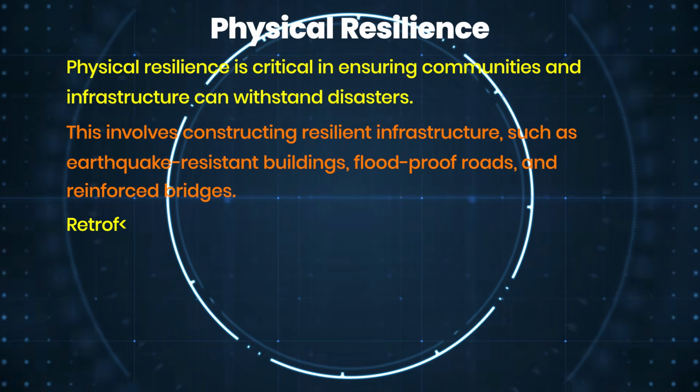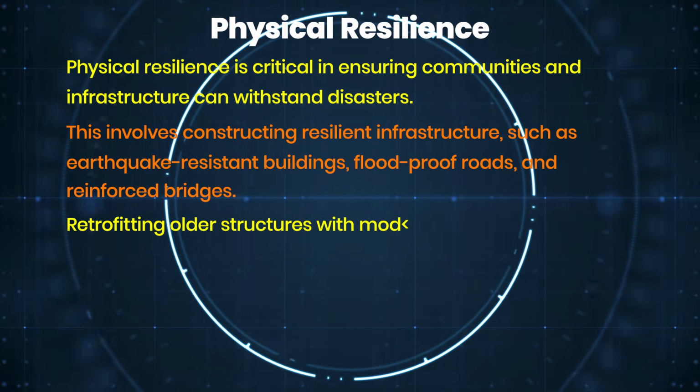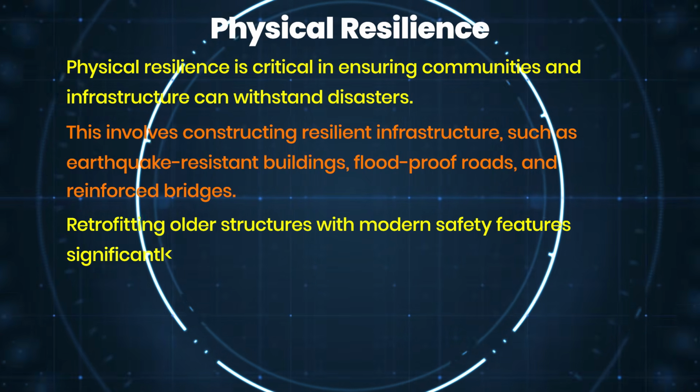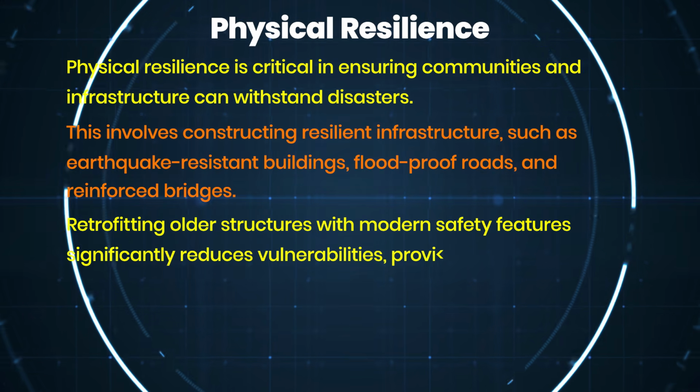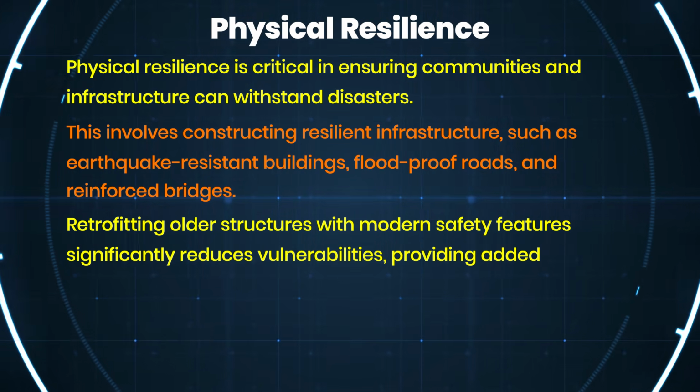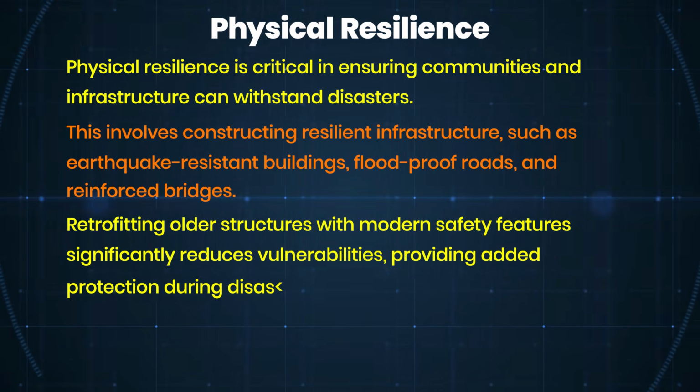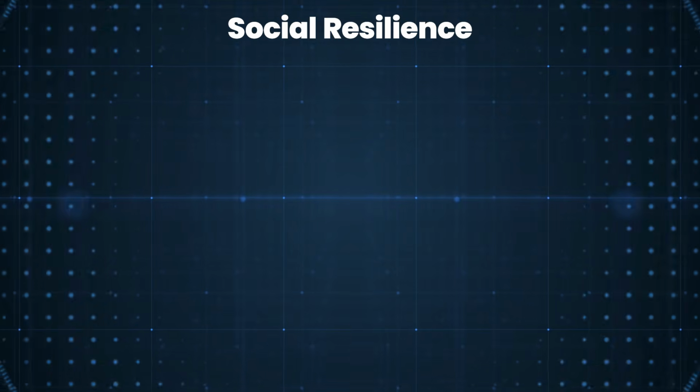Next, retrofitting older structures with modern safety features significantly reduces vulnerability and this provides added protection during disasters. For example, retrofitted school buildings in cyclone prone areas ensures they can also serve as emergency shelters, protecting both lives and essential services.